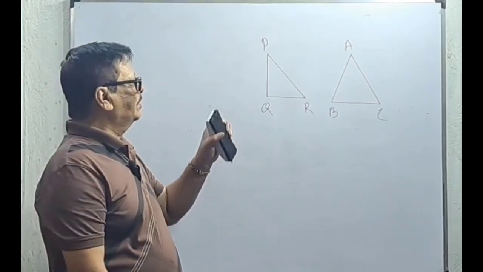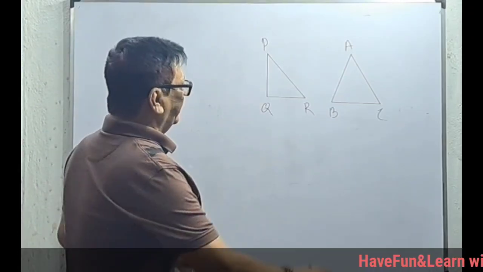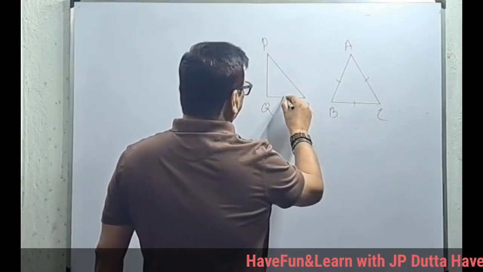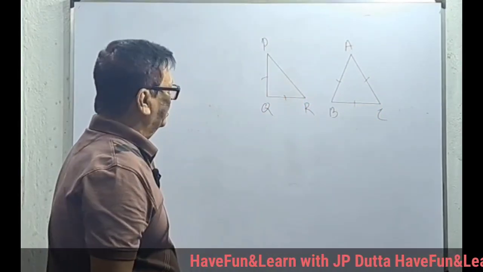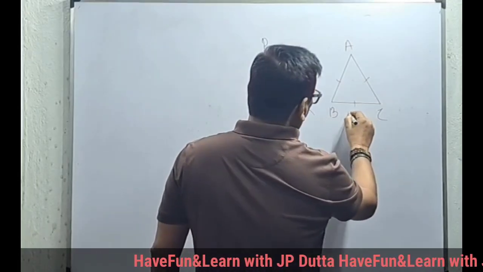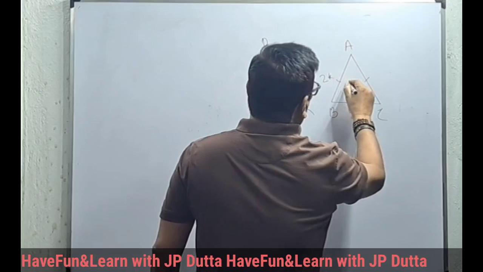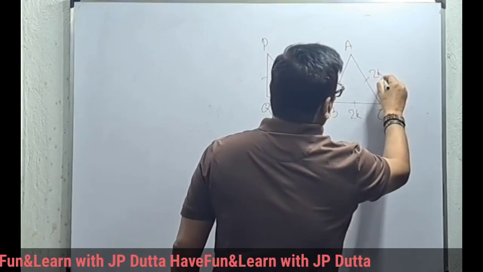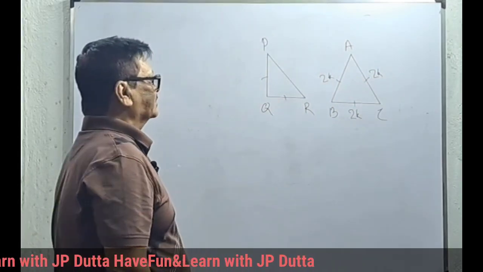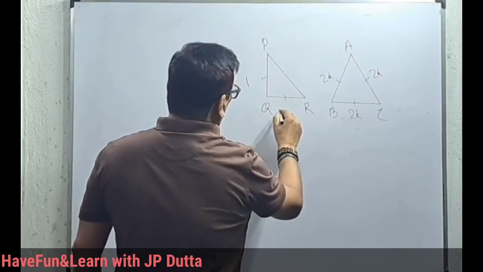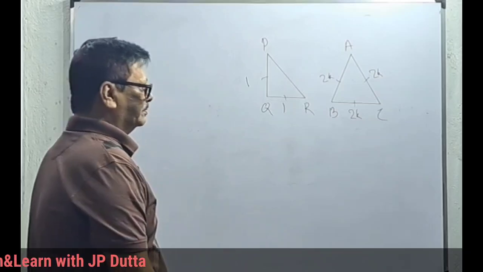Now here we have got two triangles. ABC is a right angle triangle and this is an isosceles triangle. Now this has got two, all these are multipliers, K is the multiplier, and this has got 1 and 1 unit. Correct?